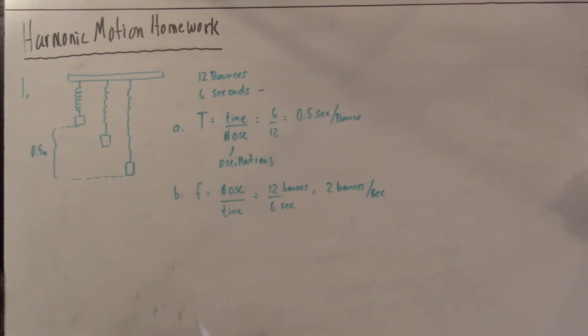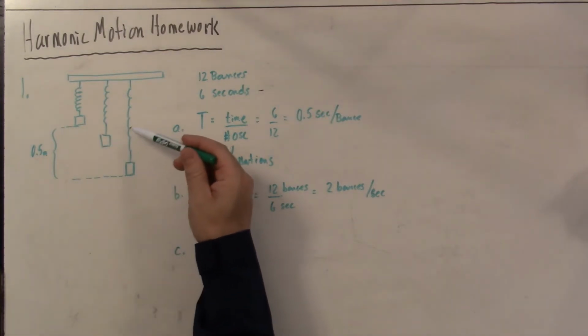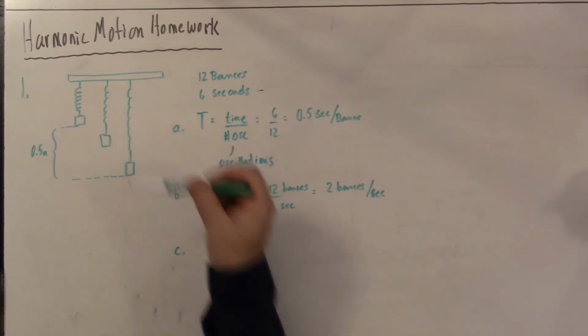C says, what is the magnitude? Actually, it says, not what is the magnitude, it says, what is the amplitude of the vibration? Well, the amplitude is defined as half of the distance from all the way to the bottom to all the way to the top.